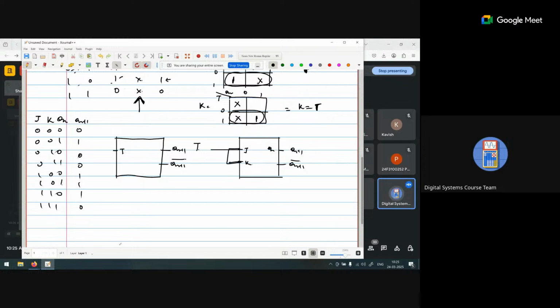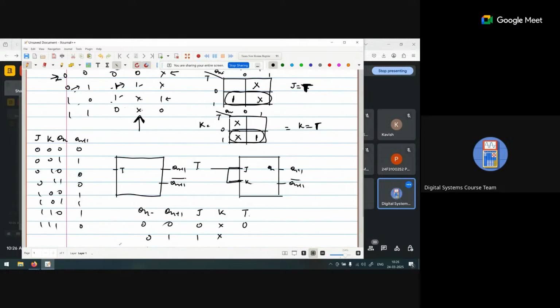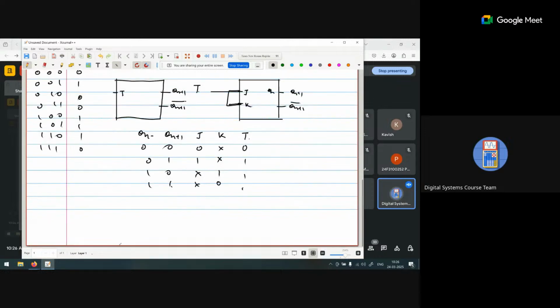Okay. Now with the help of this one, I create an excitation table for JK. Qn, Qn plus 1: 0 0, 0 1, 1 0, 1 1. What is the J K? 0 cross, 1 cross, cross 1, cross 0. Okay, and what is the T? The T excitation table is 0 1 1 0.